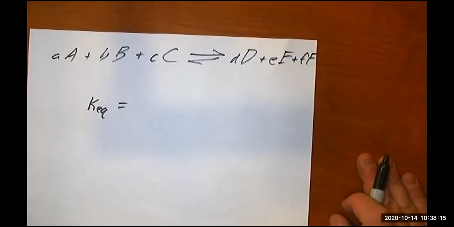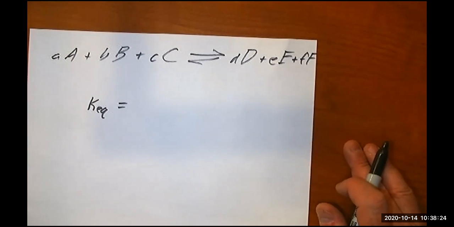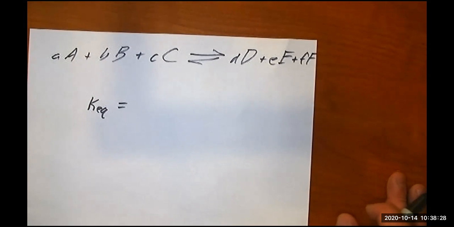The key things to keep in mind that are different about the two is that you don't put the rate coefficient in it, and you create it as a ratio of the products over the reactants.